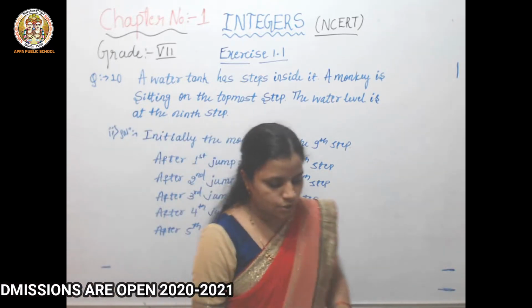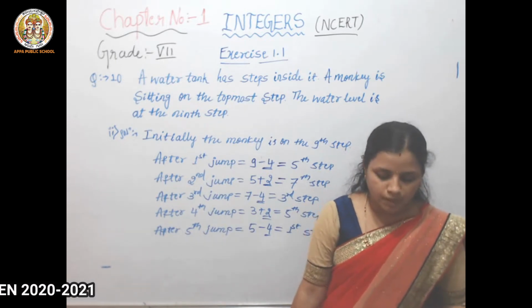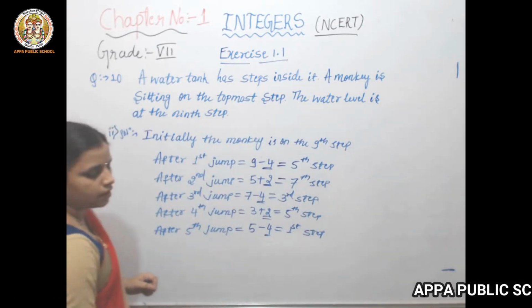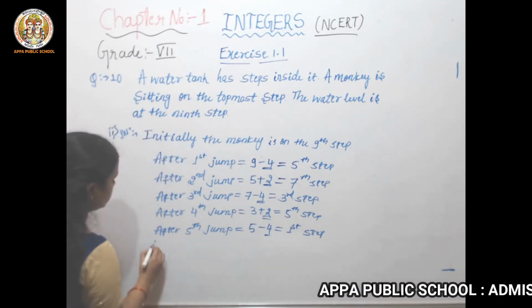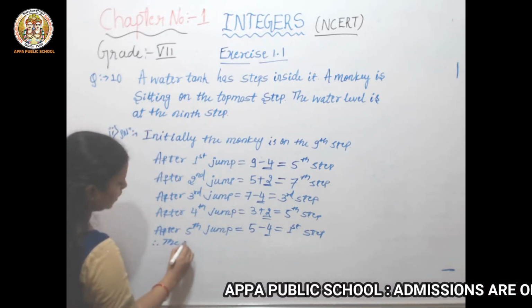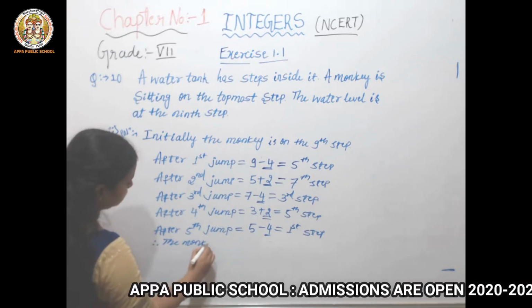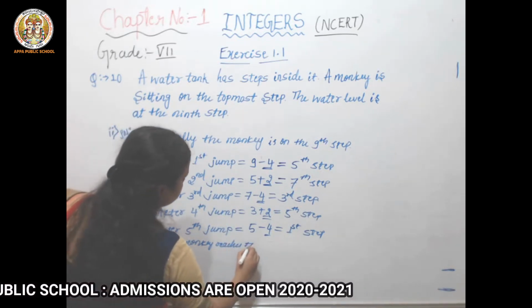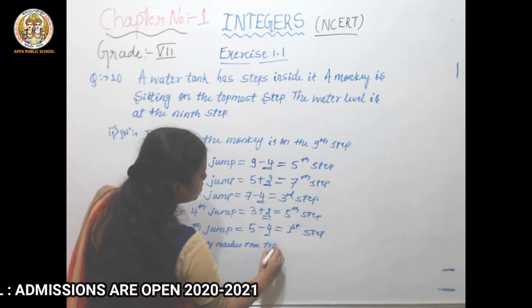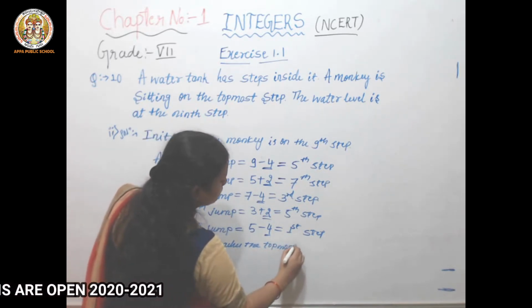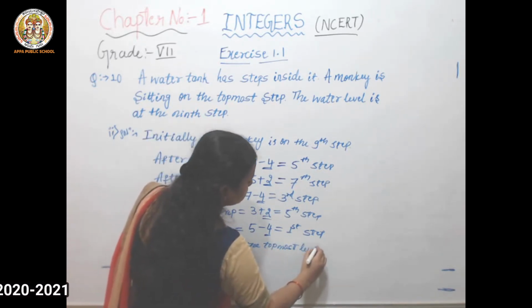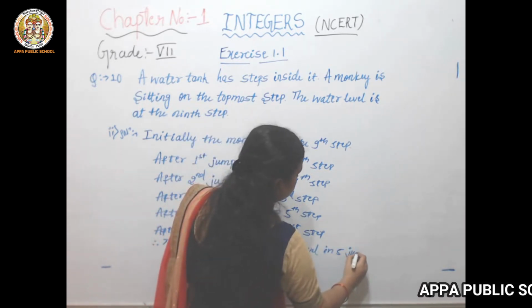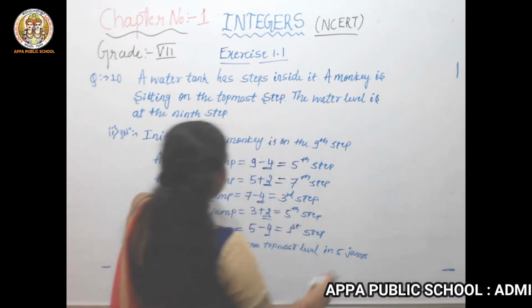So finally we should write, therefore the monkey reaches the topmost level in 5 jumps. Clear?